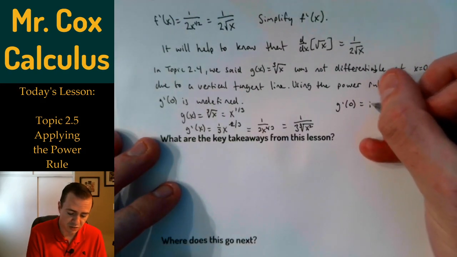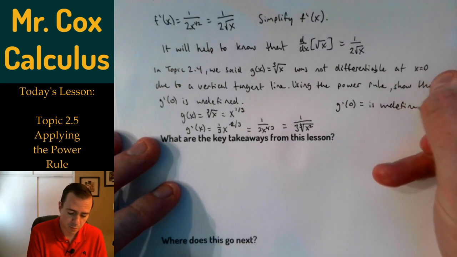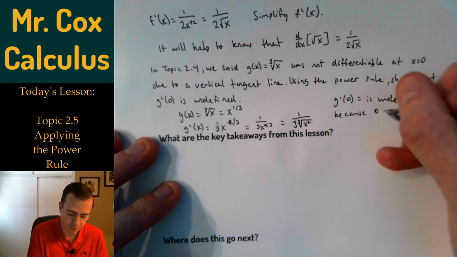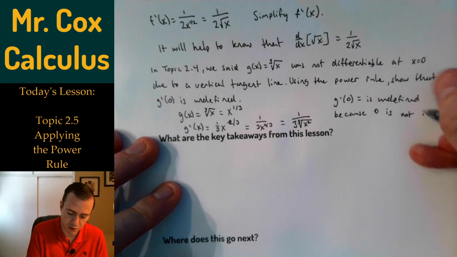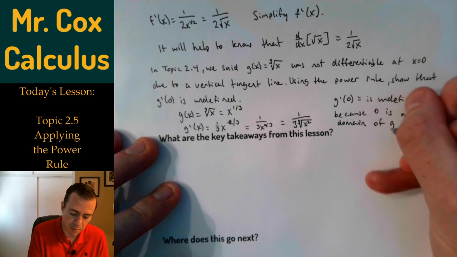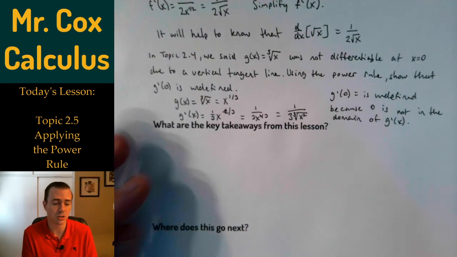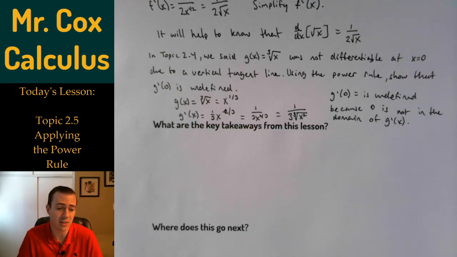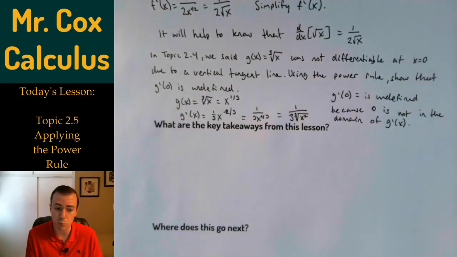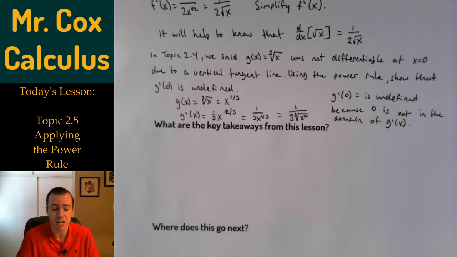So g prime of 0 is undefined because 0 is not in the domain of g prime of x. If I gave you this function, you would automatically tell me, hey, 0 is not in the domain. So g prime of 0 is undefined. That means the rate of change of g at 0 is also undefined, and that's what generates that vertical tangent line that we graphically looked at back in topic 2.4.